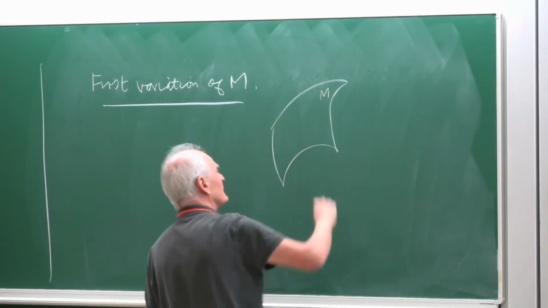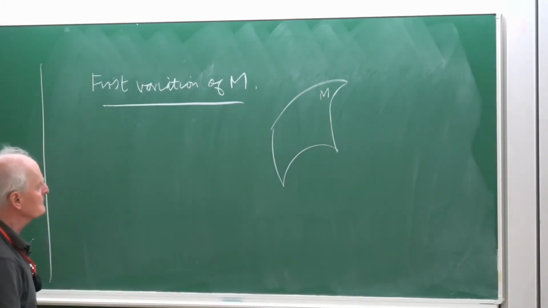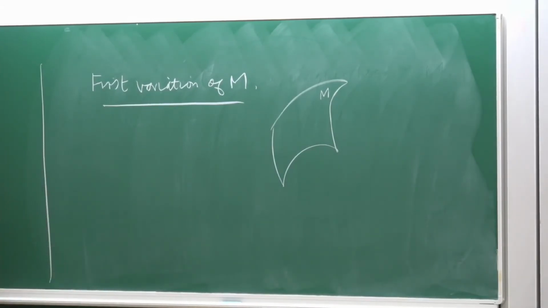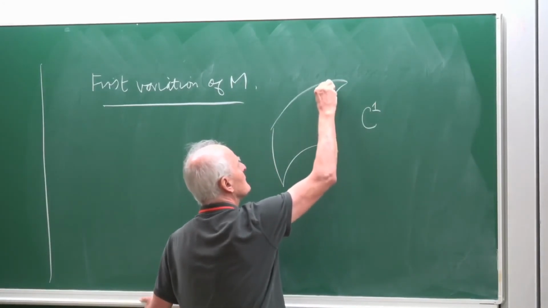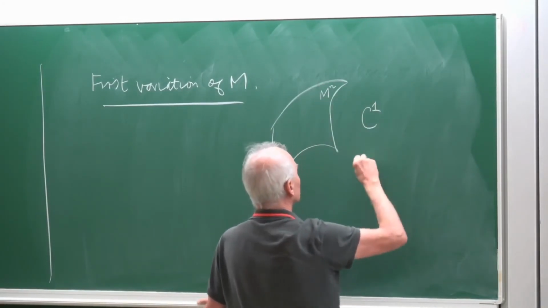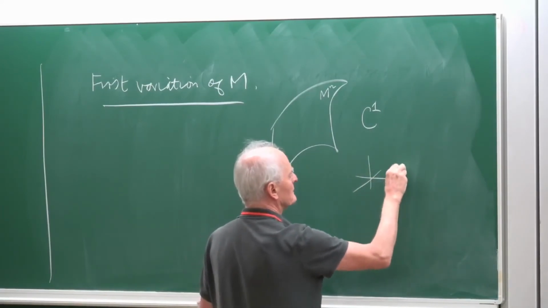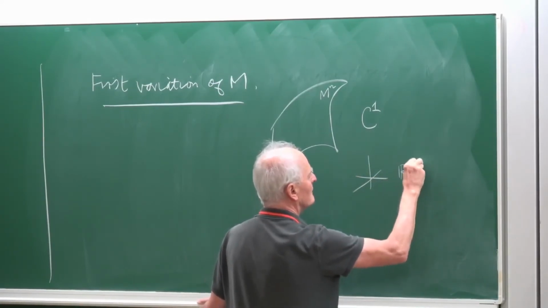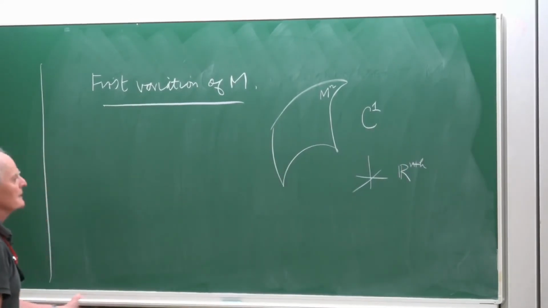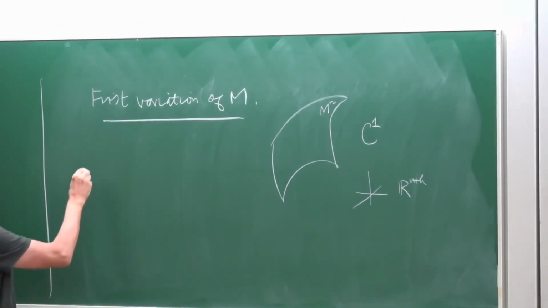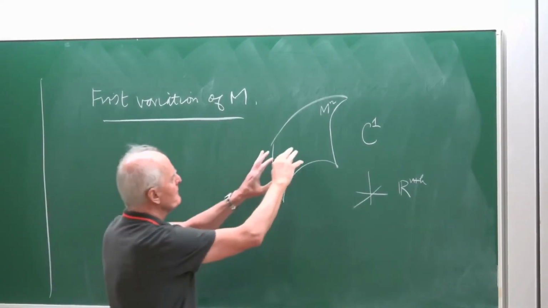We're going to require it to be C^2 a little bit later, but for the moment just C^1 submanifold, n-dimensional, in the usual Euclidean space R^(n+k). And I'm going to think about perturbing M.